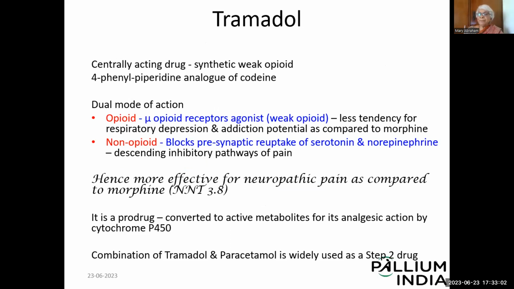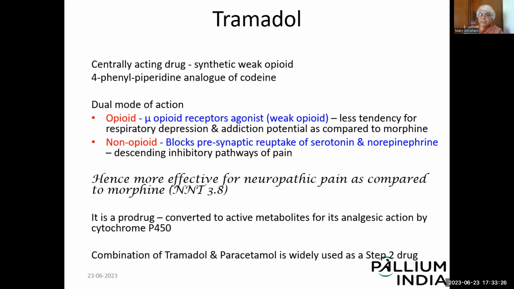That is, it blocks the presynaptic reuptake of serotonin and norepinephrine. And that is acting on the descending inhibitory pathway of pain. So the descending inhibitory pathway is particularly good when you want to treat neuropathic pain. So this is very effective for neuropathic pain.